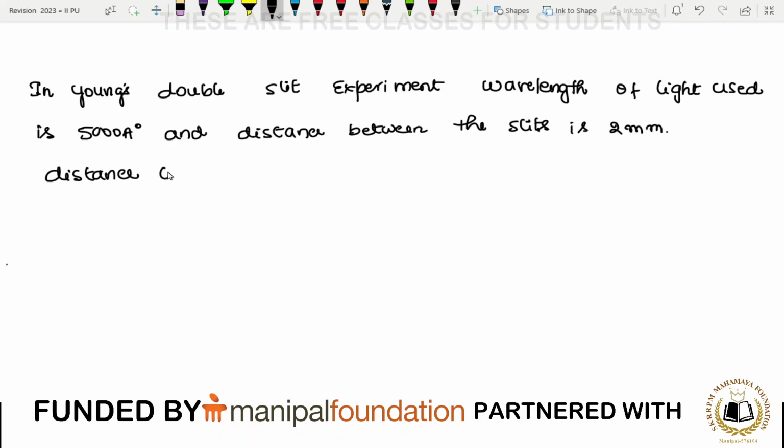Distance of the screen from the slits is 1 meter.